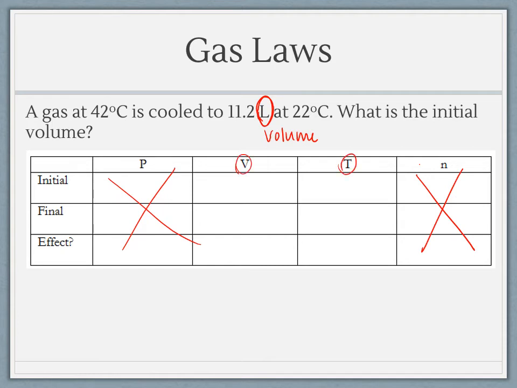One more reminder: this time my temperature is given in Celsius, so I have to convert both of them to Kelvin by adding 273. So take a minute, pause the video, fill in the parts of the chart, and then fill in the formula and solve for the initial volume.